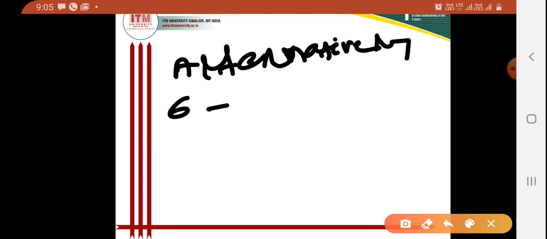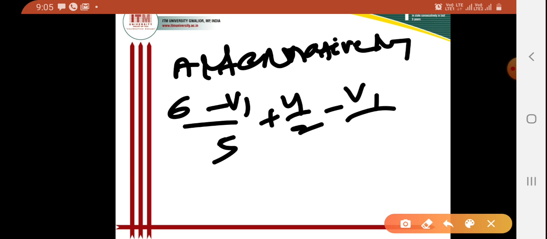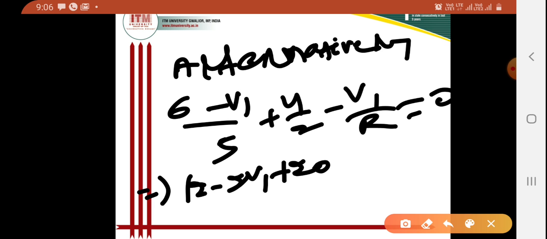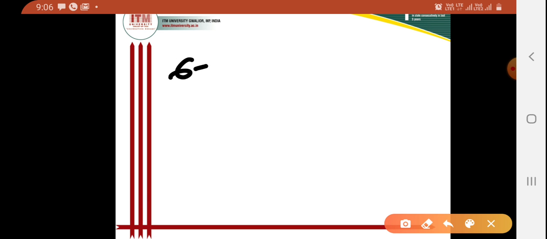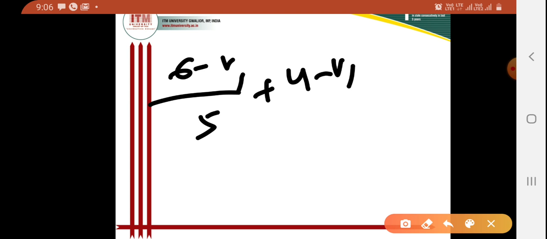That is, 6 minus V1 by 5 plus 4 minus V1 by 2 is equal to V1 by 2.